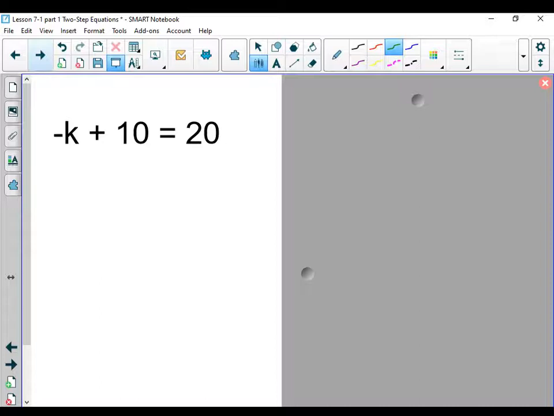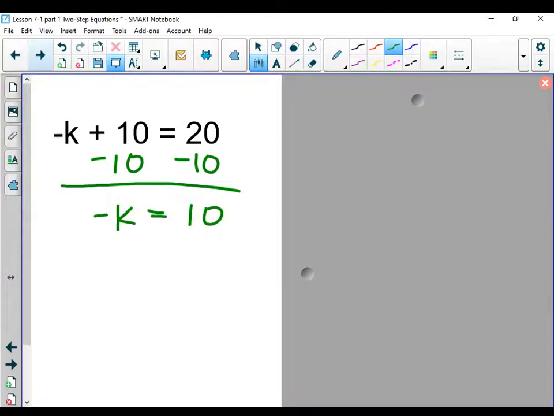The next one has a little trick. By the 5th box, most people know that they are going to subtract 10, but then they get stuck with this negative k. Remember that a 1 hides there.